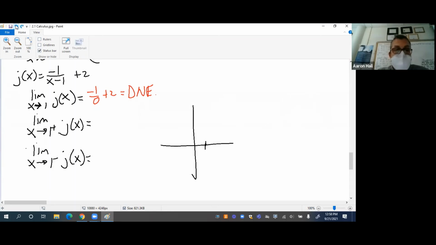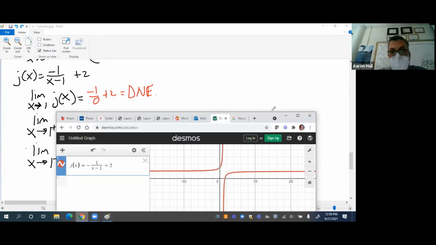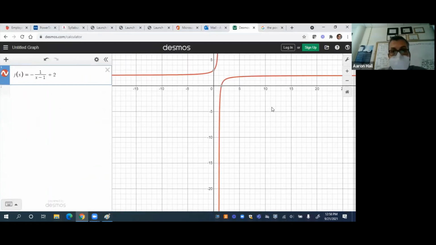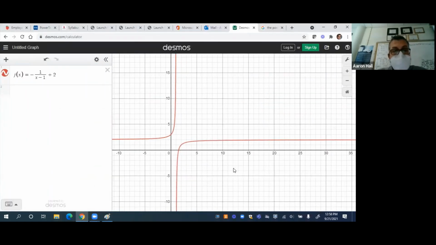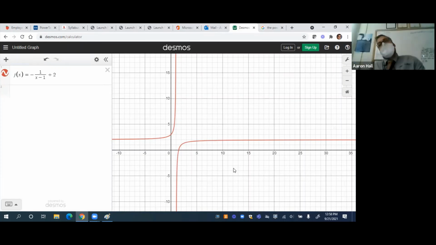So I'm looking at when x approaches 1 plus, 1 from the positive side. What's the answer? You could say that we do say you are approaching something specific.